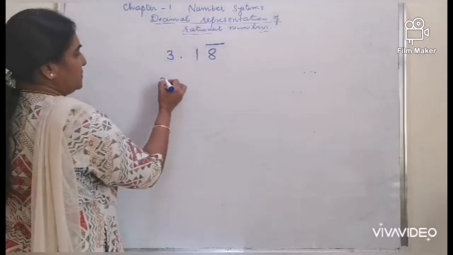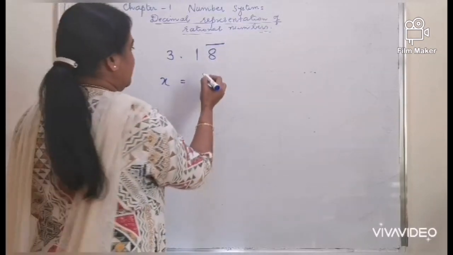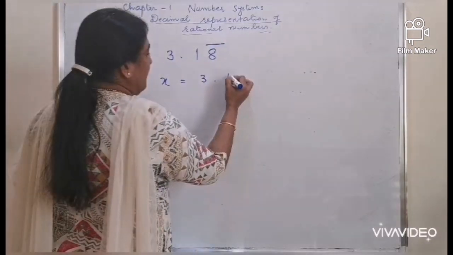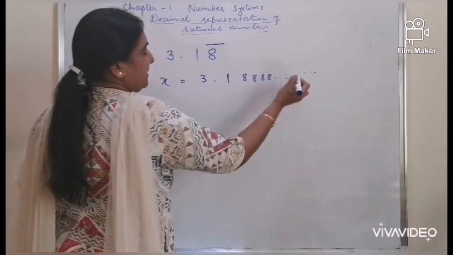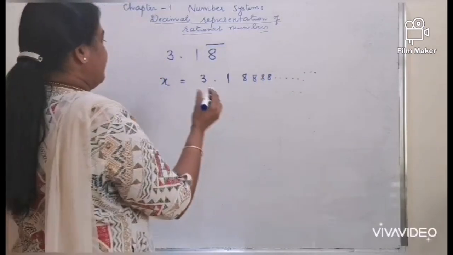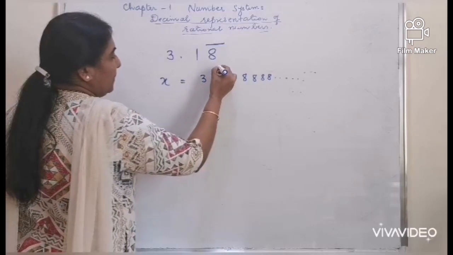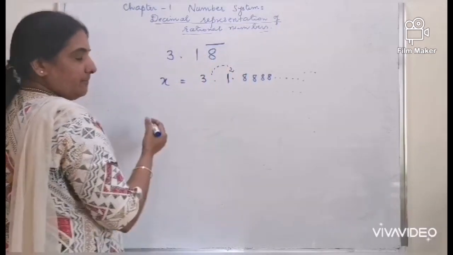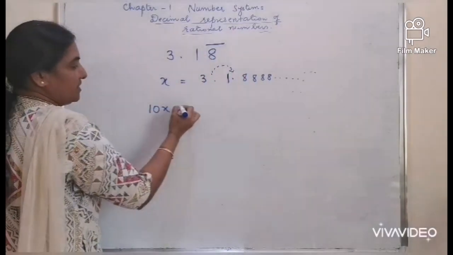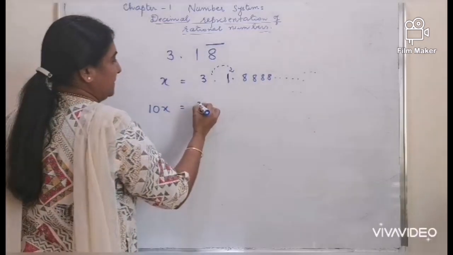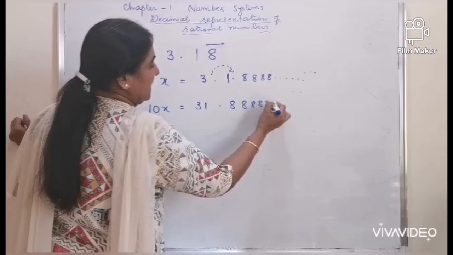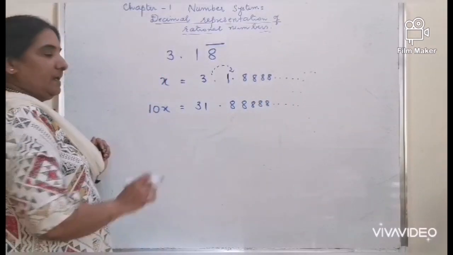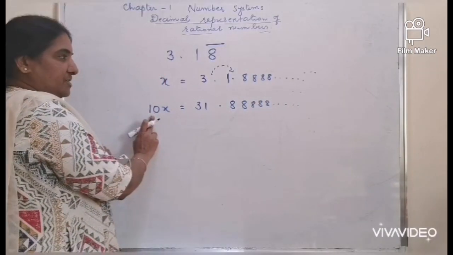Let's write the first way as x is equal to 3.18888, etc. The first multiplication is with 10, so 10x is equal to 31.8888, etc. That will be useful for subtraction.